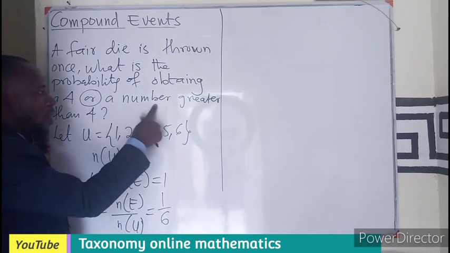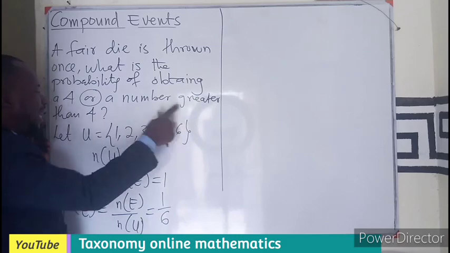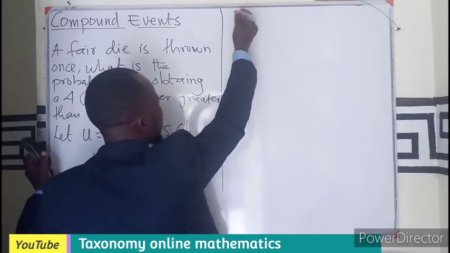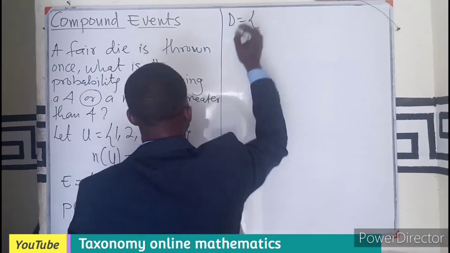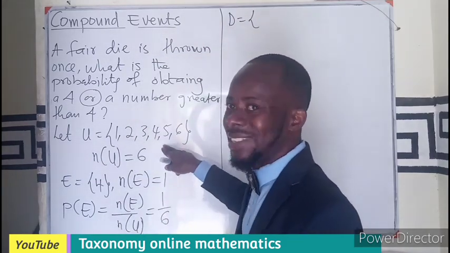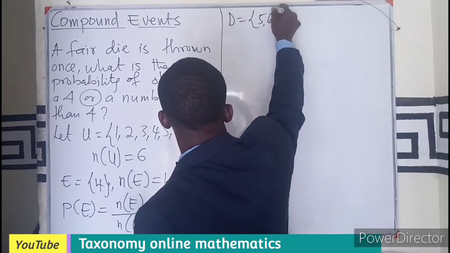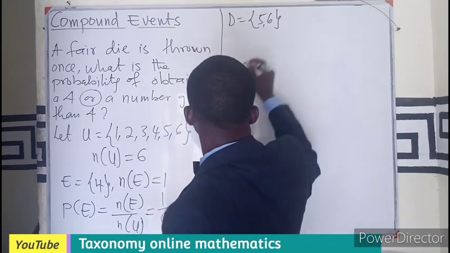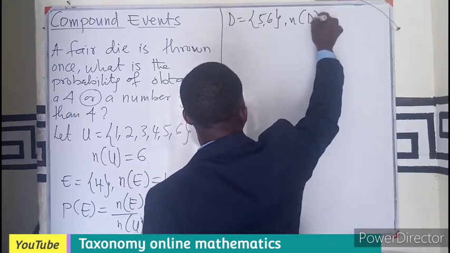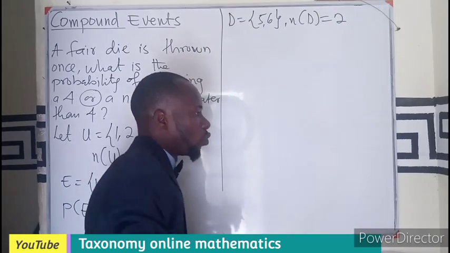Now, the second event, a number greater than 4. What will be the event? So let's use D equal the numbers in this set that are greater than 4, which will be 5 and 6. So what will be the number of D? It will be 2.